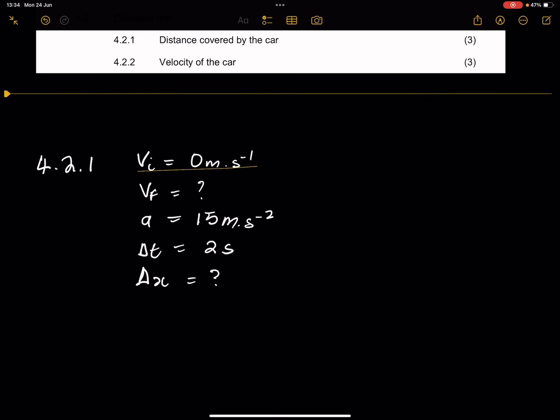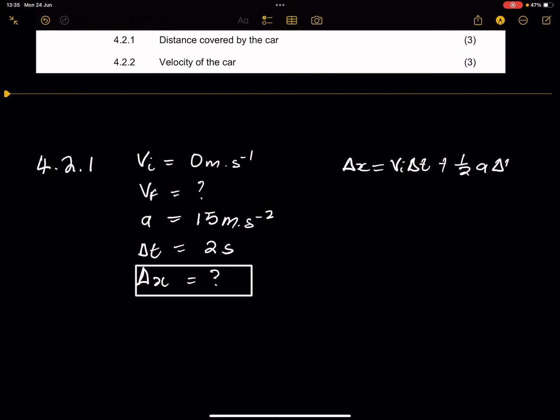So note in this case, ladies and gents, that we want displacement or the distance that the car traveled, but we don't have final velocity. So we need to choose the only equation without final velocity. And which one is that? Remember, we said delta x equals vi delta t plus 1 over 2 a delta t squared, right?